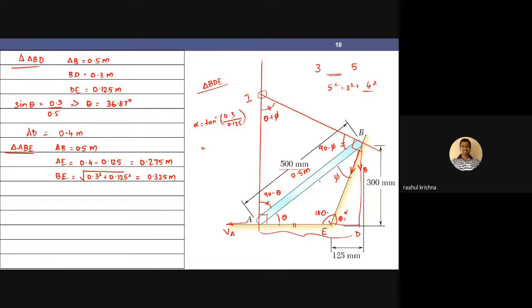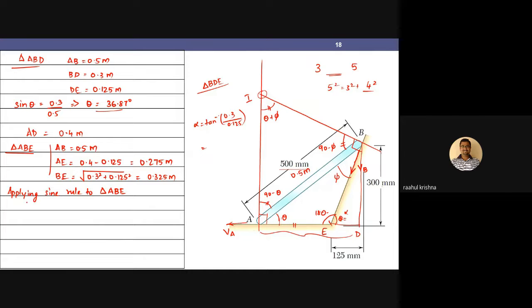Now in the small triangle ABE, I don't know these two angles. Oh sorry, we have found out one angle, right? We have found one angle, theta, and we know all three sides. So apply the sine rule to triangle ABE.